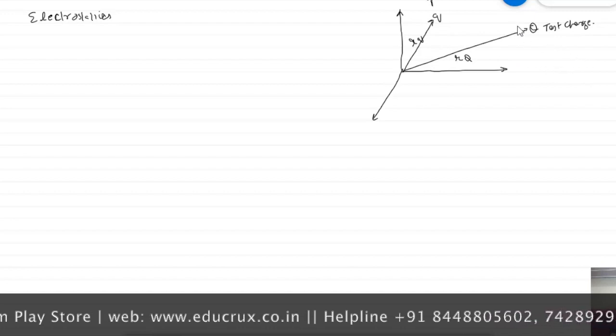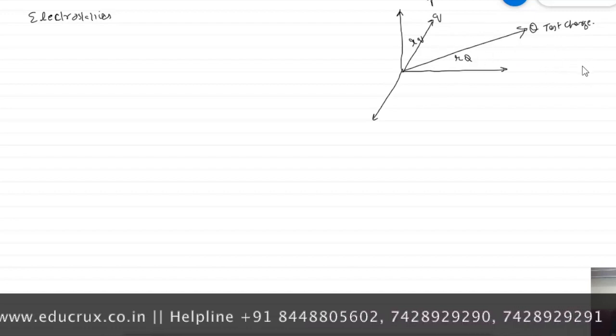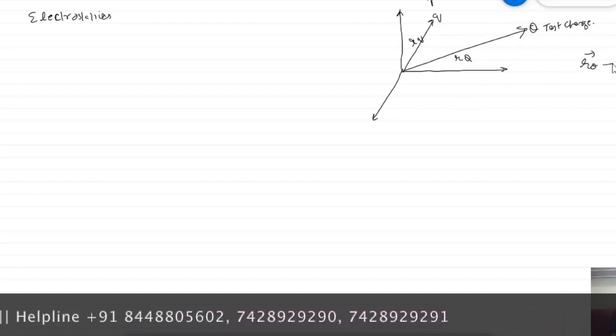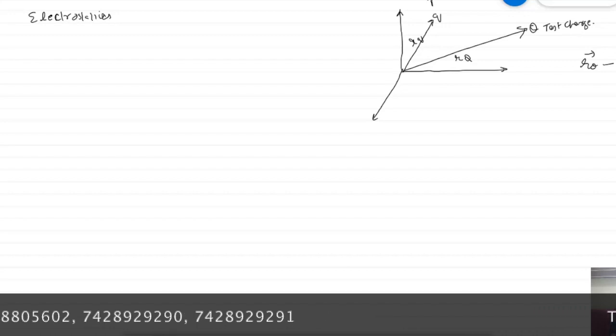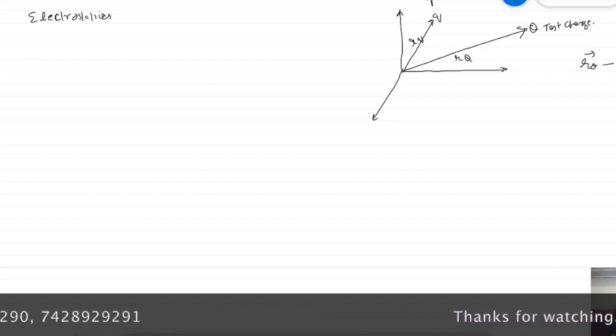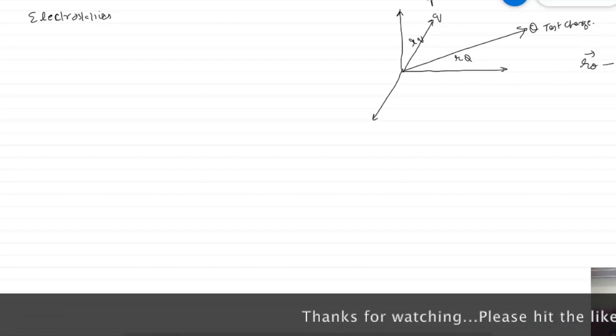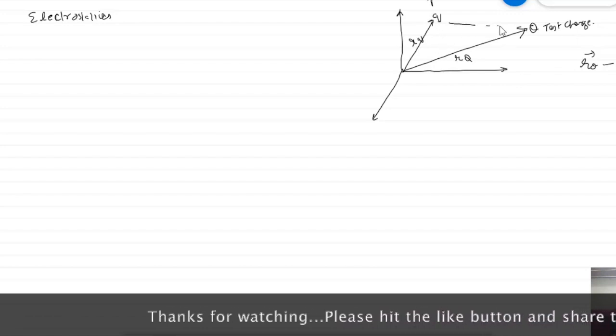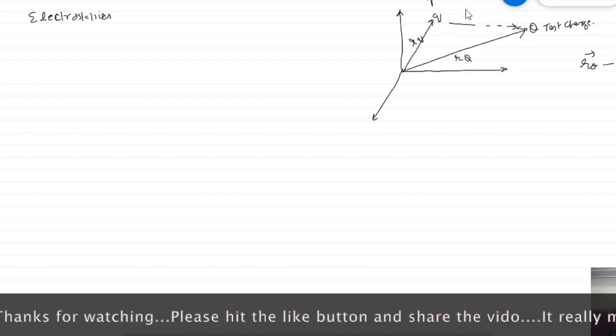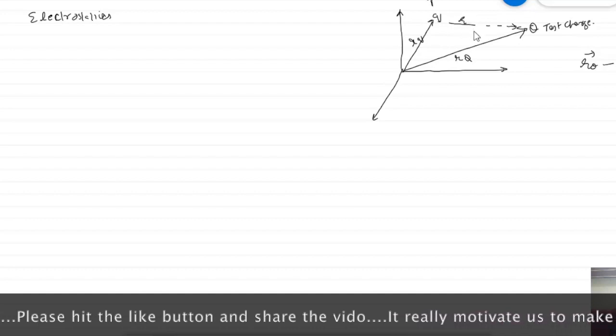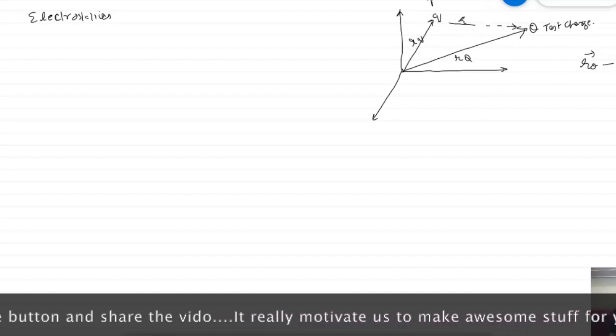And my r_Q vector minus r_q vector is equal to r. That is the separation vector from the source charge to the test charge. Okay, this is the separation vector.